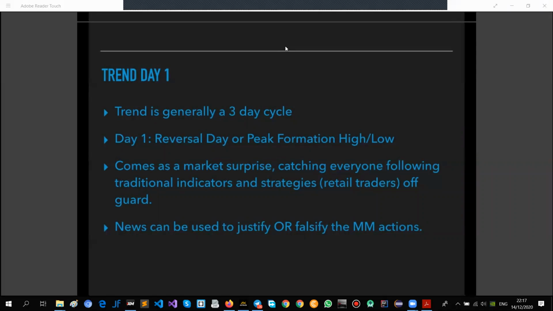That's the main purpose of the moves, yet they'll be hiding behind the news, blaming the news. The news is dangerous and it should be avoided at most times. We don't usually trade during news time.